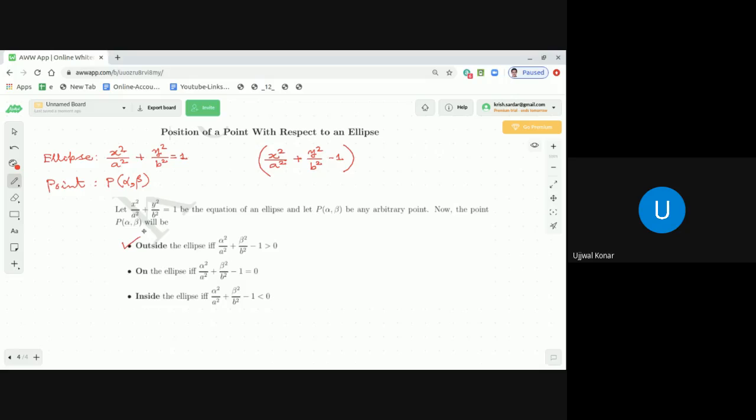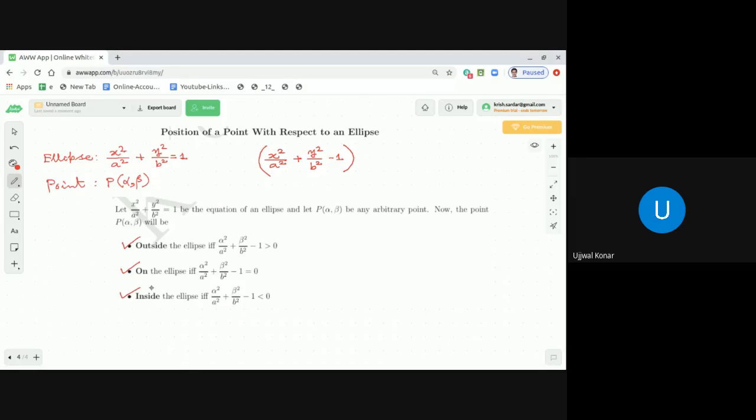If we get alpha square by a square plus beta square by b square minus 1 equal to 0, then you can say the point alpha beta is on the ellipse. And if we get alpha square by a square plus beta square by b square minus 1 less than 0, then you can say the point alpha comma beta is inside the ellipse.